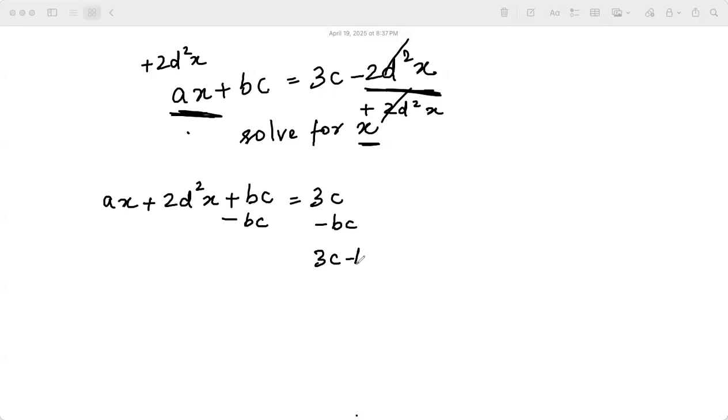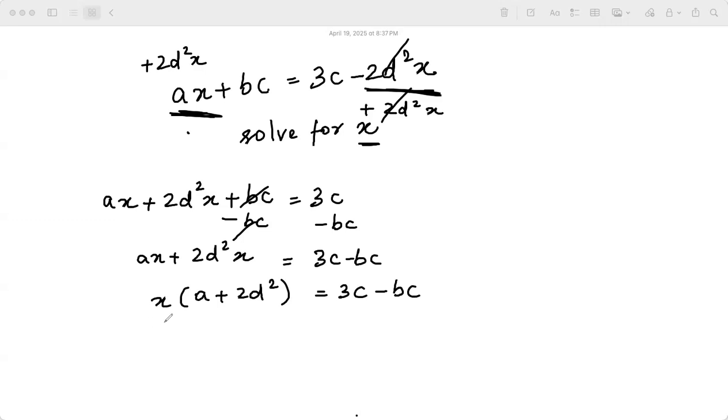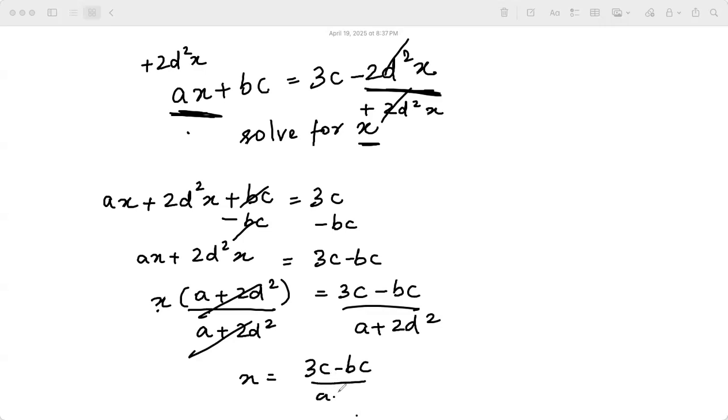So 3c minus bc will come. Now ax plus 2d square x, right? Now x can be taken as common: a plus 2d square. Now how to isolate x on one side? x is multiplied with the other stuff in here, so I have to divide the whole thing by it. You see? Now this will get cancelled. So x will be equal to 3c minus bc by a plus 2d square.